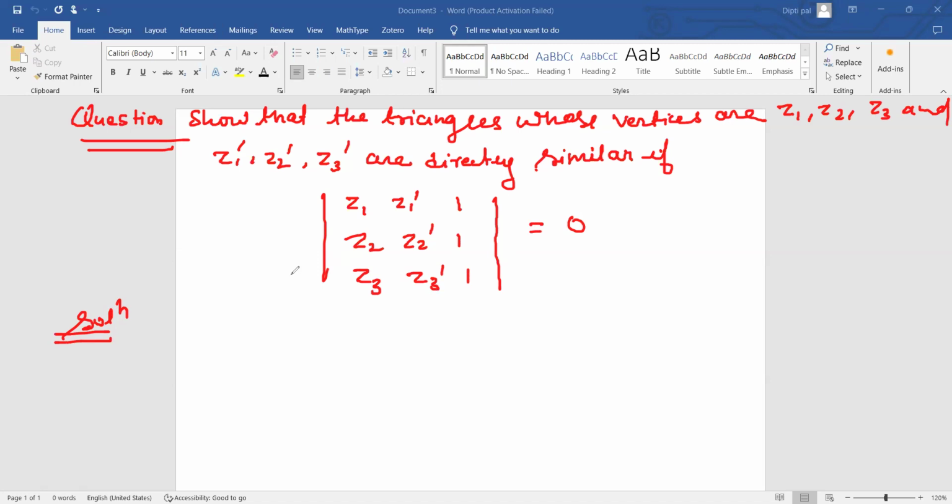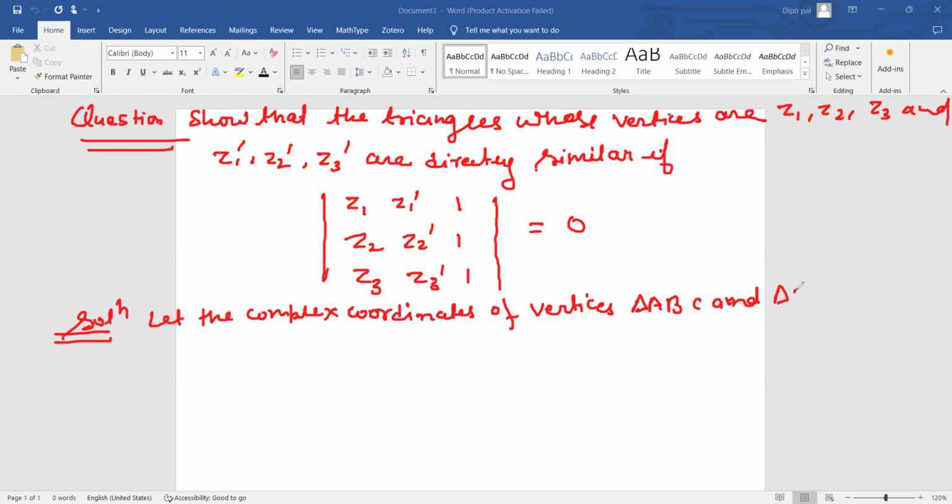Okay. So let the complex coordinates of vertices of triangle ABC and triangle A dash B dash C dash be, for ABC, Z1, Z2, Z3, and for A dash B dash C dash, Z1 dash, Z2 dash, Z3 dash.